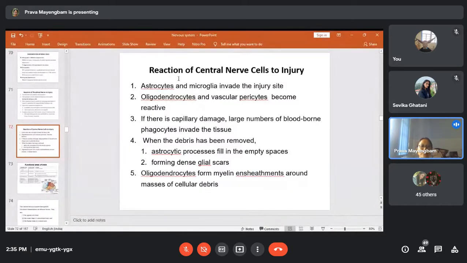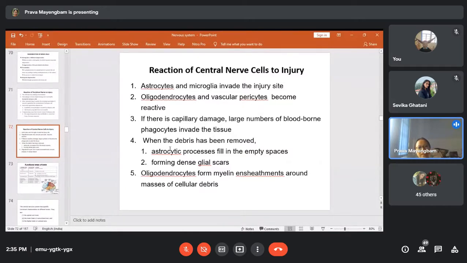Okay, so the astrocytes and the microglia will try to invade the injury sites. The oligodendrocytes and vascular pericytes will become very reactive, and if there is capillary damage, then a large number of blood-borne phagocytes will come into the injury site also. Means if blood vessels are torn. Okay, if not, the astrocytes and the microglia will take care.